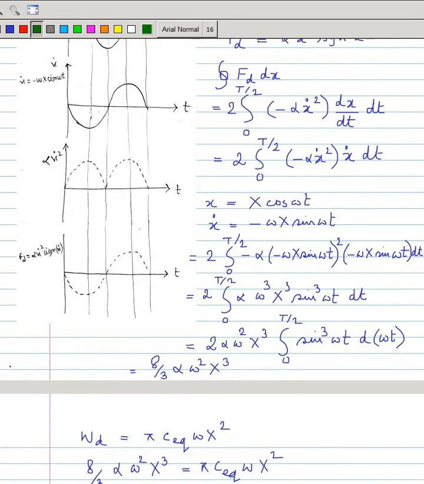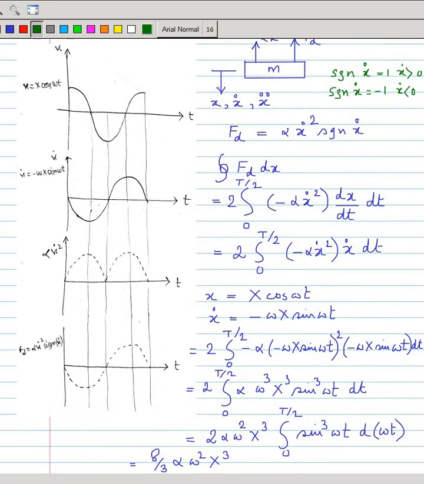Now this is the damping force. Now the integral of Fd dx is the energy lost per cycle, but instead of doing it on a full cycle, because the sign x dot is there, we do it only for the half cycle and multiply by 2, because the loss in a complete cycle will be twice what is dissipated in half cycle.